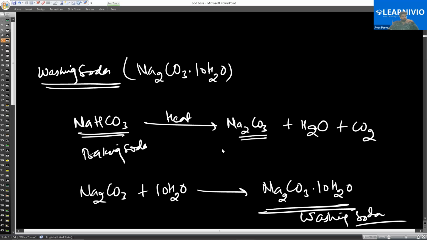Sir, baking soda when heated gives washing soda. Baking soda has carbon dioxide, and washing soda does not have carbon dioxide. Yes, you, Alvina. Baking soda is heated to get anhydrous sodium carbonate, and then it is treated with water to get washing soda.